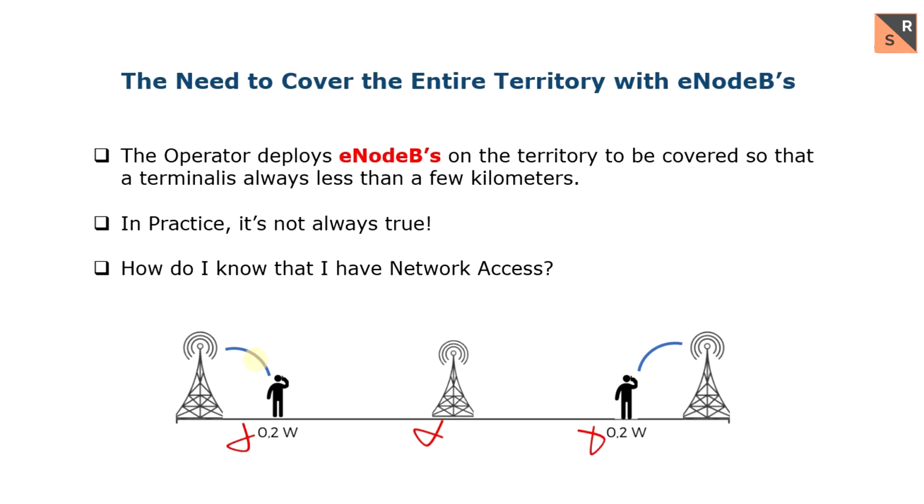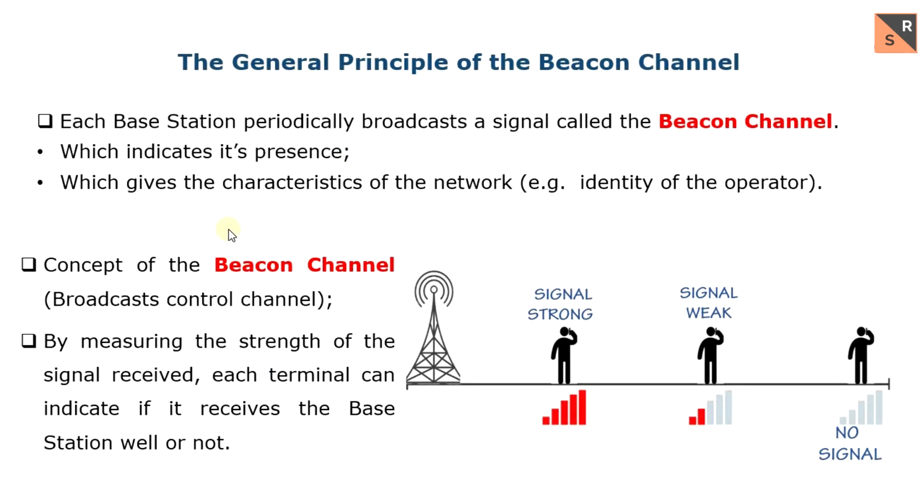Now the question is, how do I know if I have access to the network, whether I'm actually close enough to a base station to have access to mobile internet? For that, each base station periodically broadcasts a signal called the beacon channel.